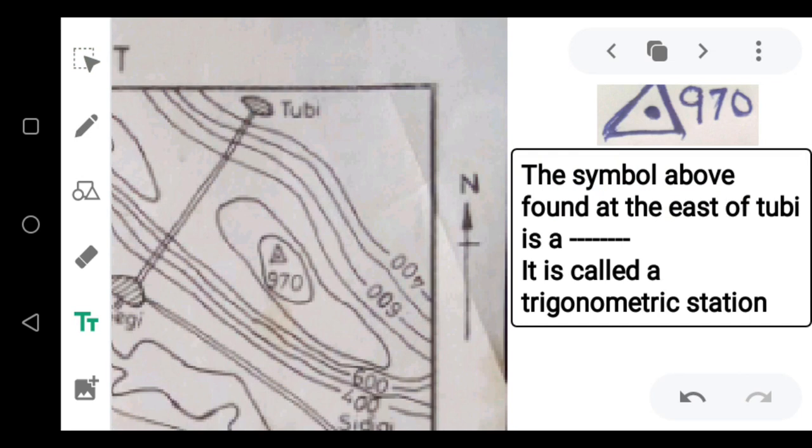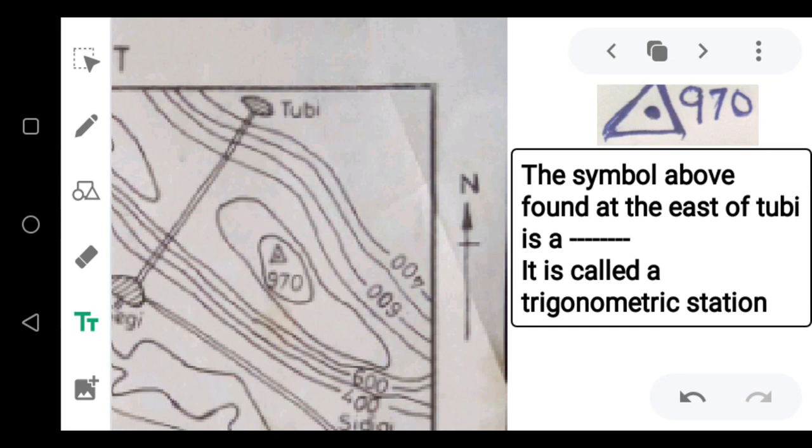Now, they can ask you to name that symbol displayed on the screen. Now the question is, the symbol above found at the east of Tubi is a dash. Can you see Tubi? Can you see east of Tubi? Can you see that symbol? It's a triangle with a dot inserted at the middle. And beside it, we have 970. They are asking you to name that symbol.